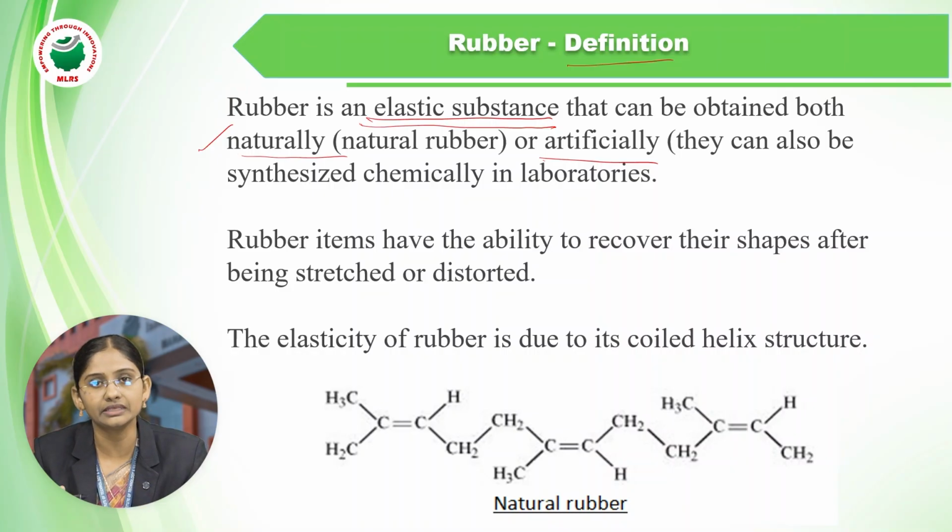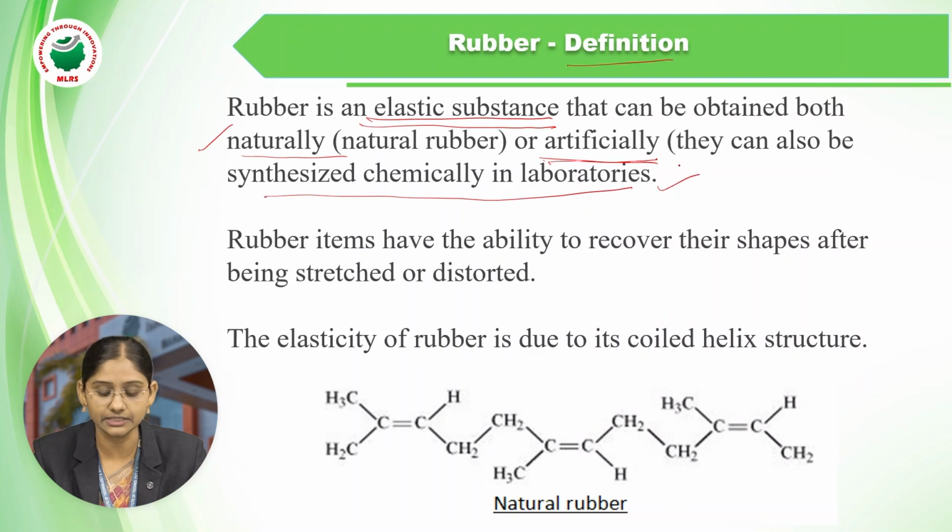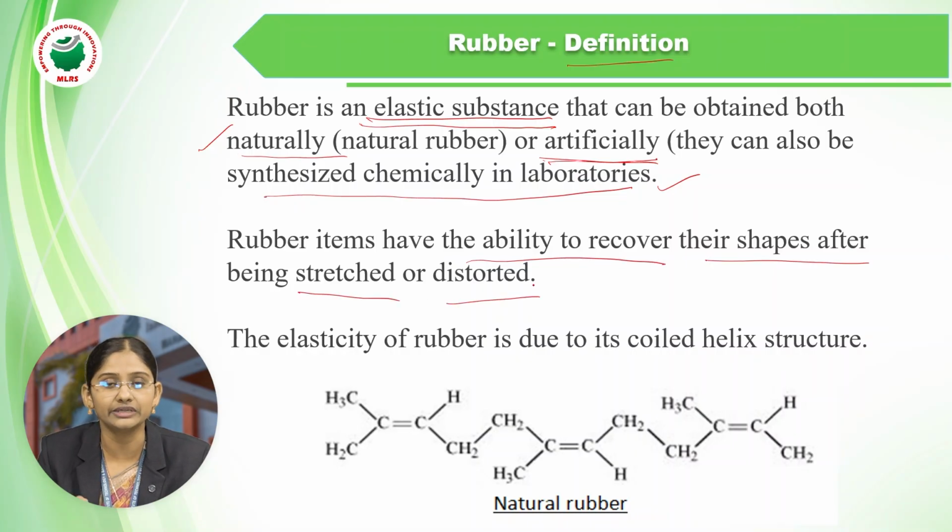Artificially means we prepare rubber in the laboratory, which is called artificial or synthesized rubber, or elastomers. Artificial rubbers are chemically synthesized in laboratories. These rubber items have the ability to recover their shapes after being stretched or distorted.